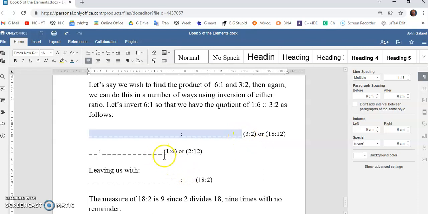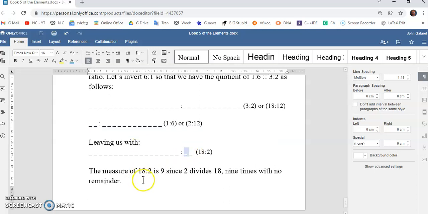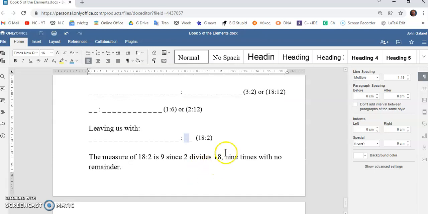And then we have 1/6, which is also in terms of 12, right? And since the consequents are the same, we can just discard them and take a ratio of the antecedents, okay? The antecedents. And the measure of this ratio is 9, since 2 divides or measures 18 9 times with no remainder. Do you see that? It's quite beautiful, isn't it?